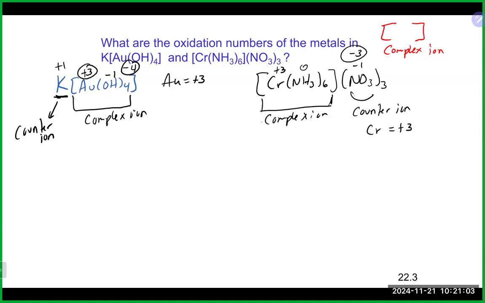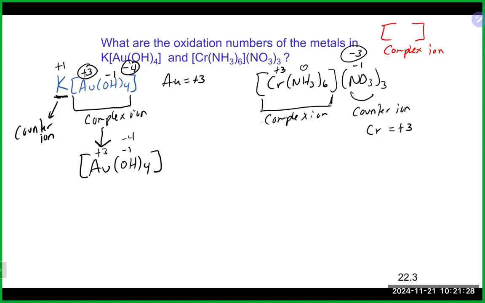So if we look at each of these things, and we just take our complex ion by itself, the AuOH4, the charge on the complex ion by itself, without its counter ion: we just figured out the gold is +3, this is -1, and there's 4 of them.